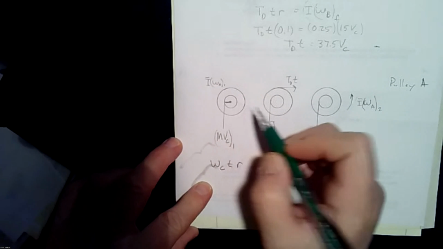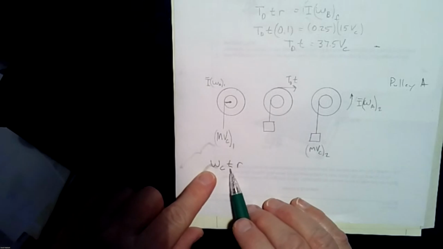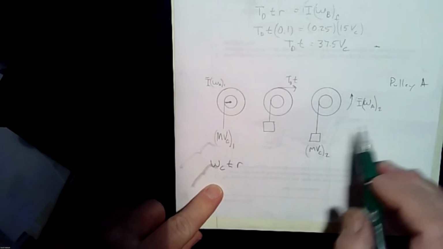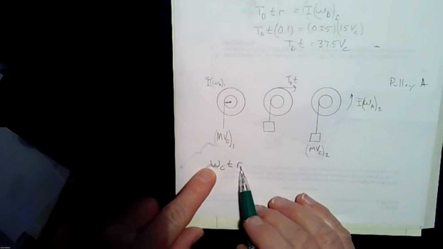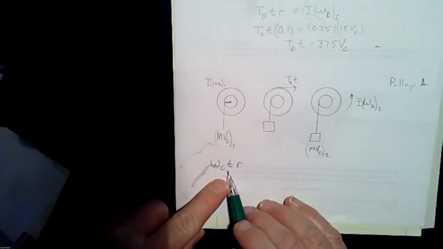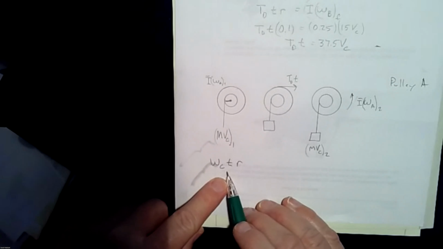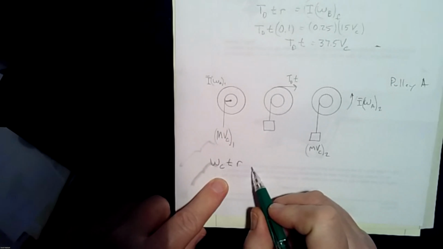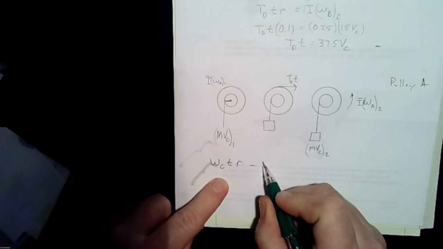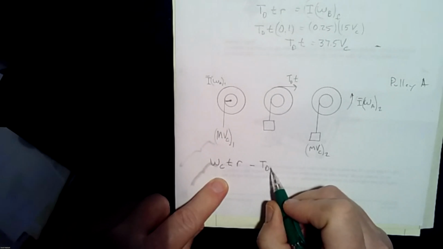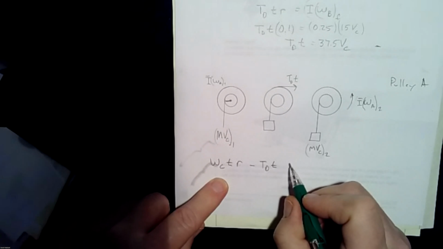And so we have to account for that, just like angular momentum. So it can be here or it can be there, but it's going to be the weight times R, which is a moment, times time. So we're going to have that to start with. And then we're going to subtract that from tension D times time times the radius.